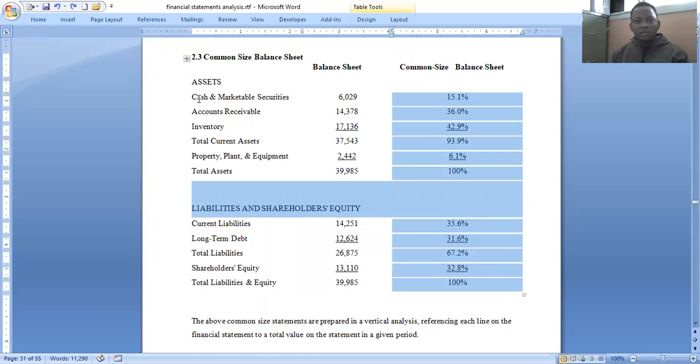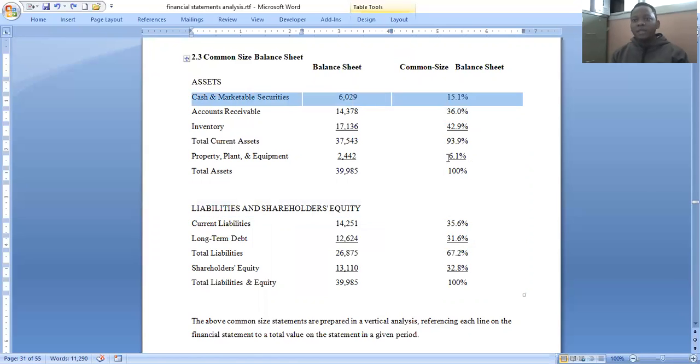For instance, to get the common size ratio of cash and marketable securities, you divide the cash and marketable securities by total assets. In which case, the total asset is the common base in the balance sheet. So 15.1% is derived by dividing 6,029 by 39,985.